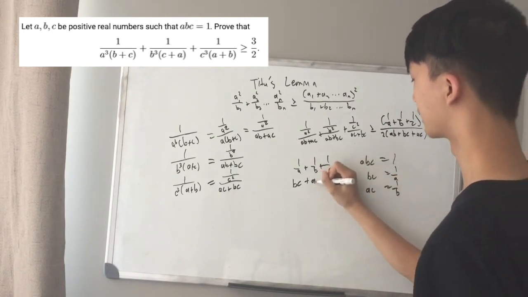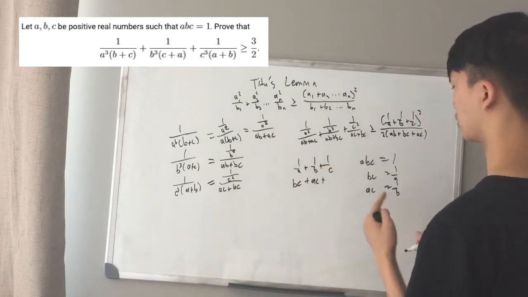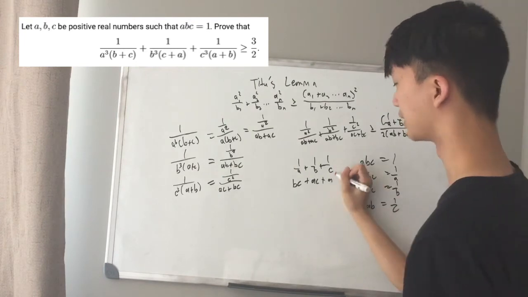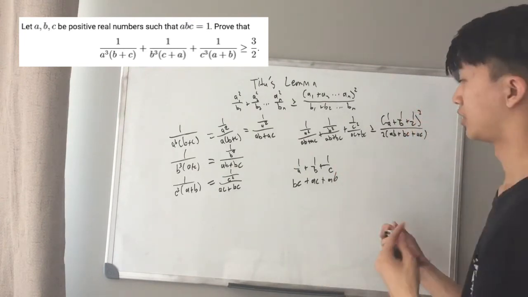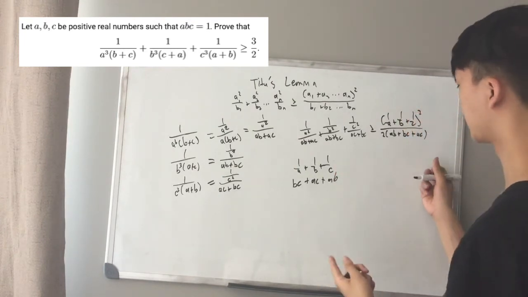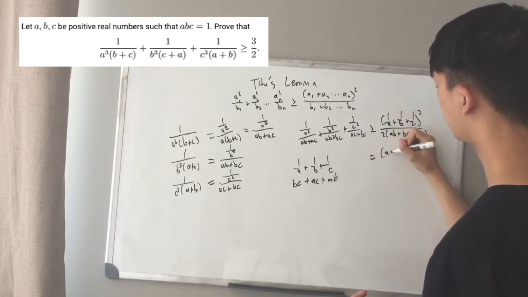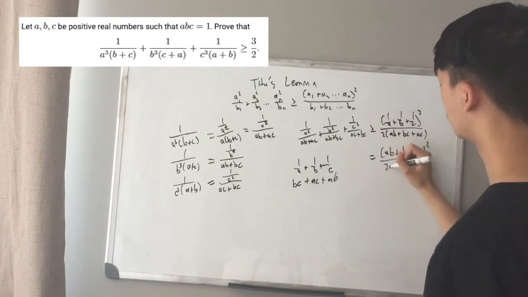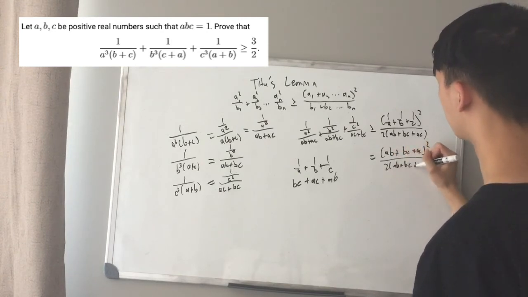And 1 over c is equal to ab. So then this part of the right-hand side becomes ab plus bc plus ac, all squared, over 2 times ab plus bc plus ac.